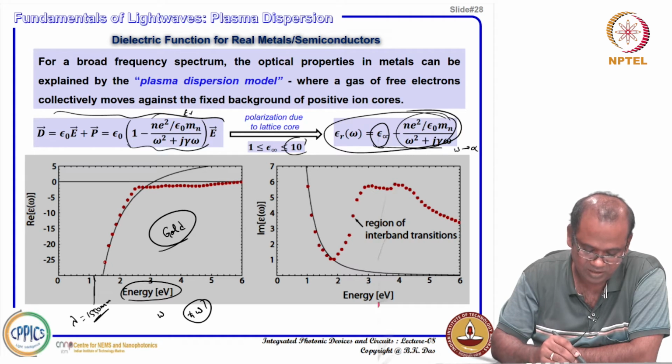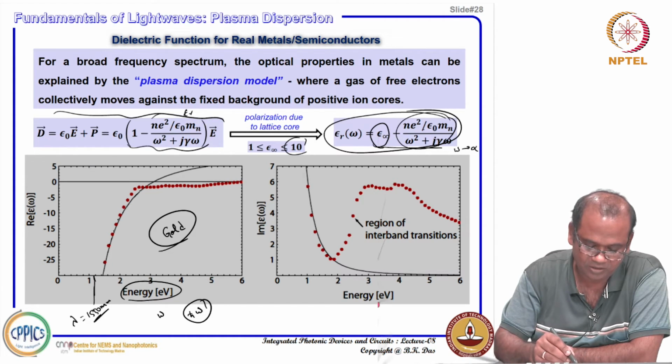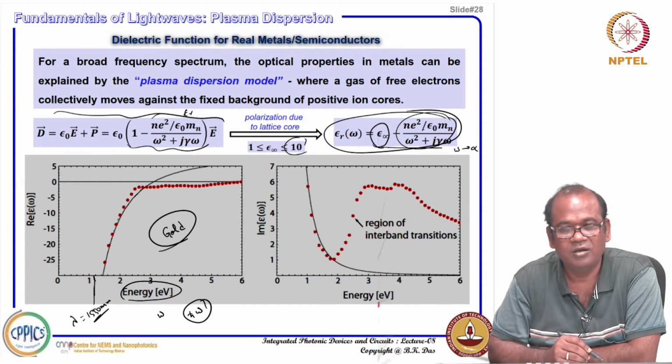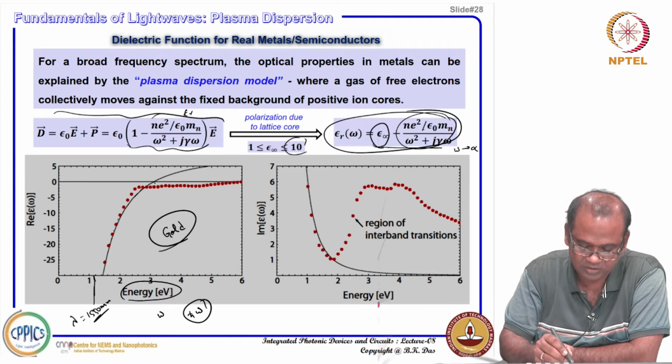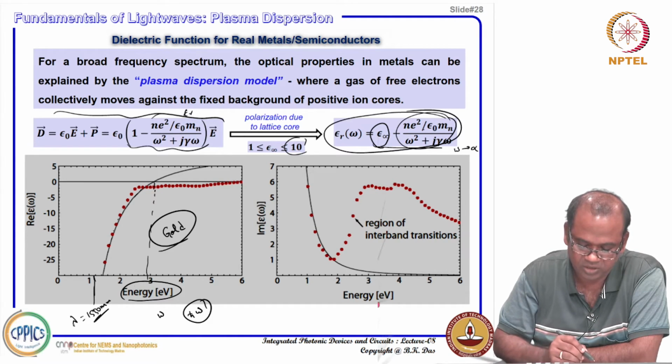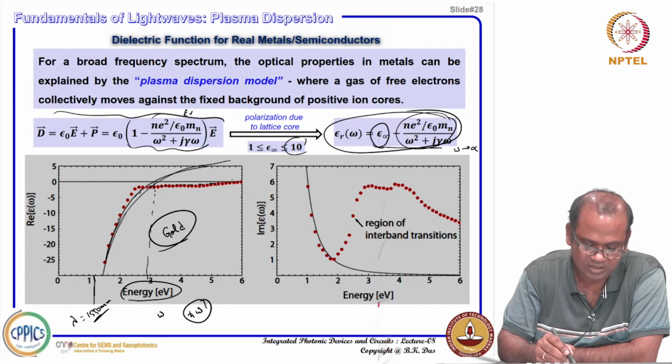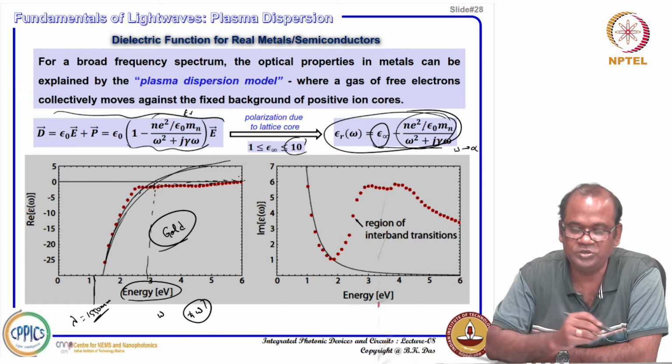Then you see that the experimental result says the real part of the dielectric constant becomes a negative value, and around this point, about 3 electron volt or so, it is almost saturating to 0 at higher energy. Some model is fitted here, showing like this, but practically when you measure, the real part is almost close to 0.